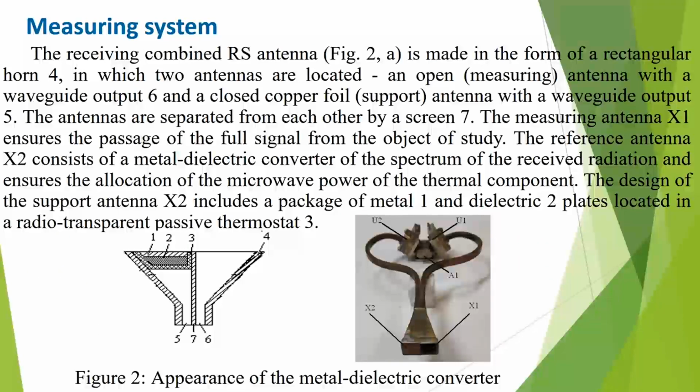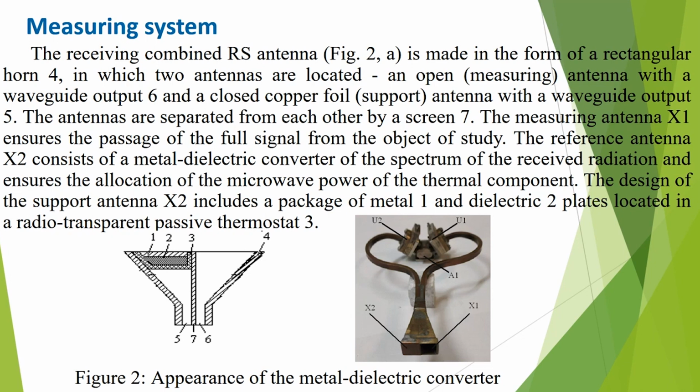The receiving combined RS antenna, figure 1a, is made in the form of a rectangular horn 4 in which two antennas are located: an open measuring antenna with the waveguide output 6 and the closed copper foil antenna with the waveguide output 5. The antennas are separated from each other by a screen 7.